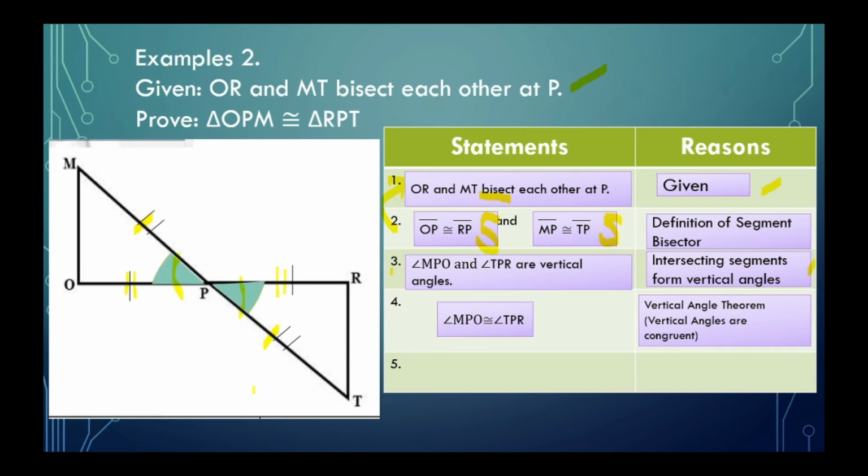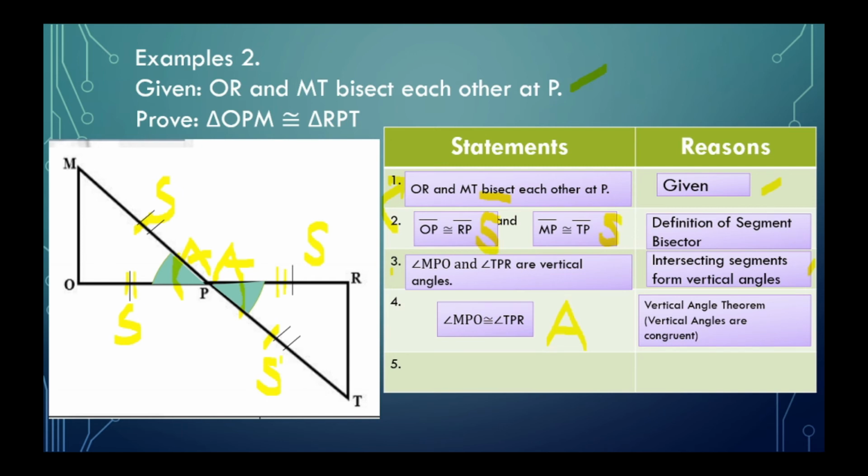Now, based from that, statement number 4 is an angle. Okay? So, we already have here the SAS. No? This side. This is an angle. And this is another side. The same with the second triangle, this side. This is an angle. And this side. So, anong gagawin?